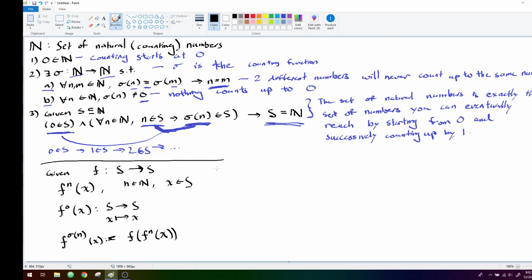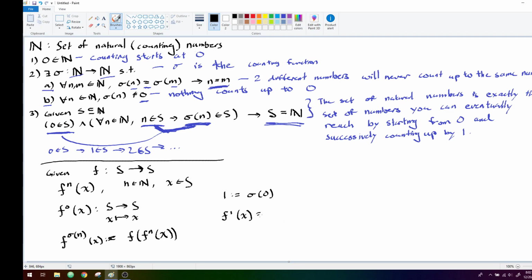Now, how does this make sense? Well, we know what f0 does, right? And 1, more or less by definition, is going to be sigma of 0. It's the number that's 1 higher than 0. So what does it mean to apply f once to x? And you'll see how this fits in with our intuitive idea.